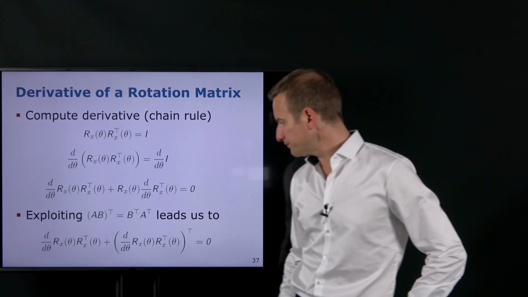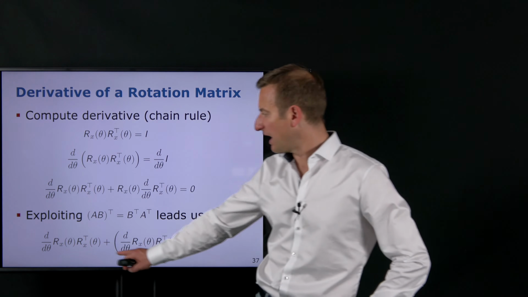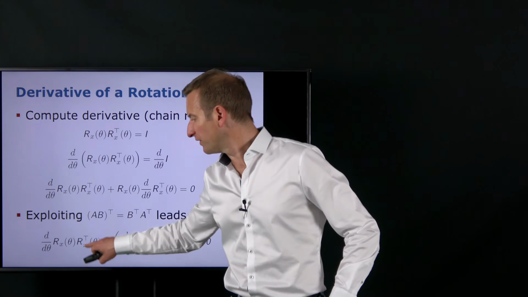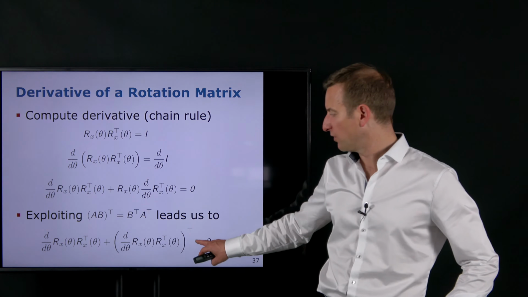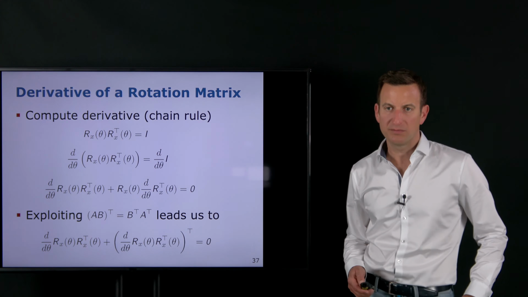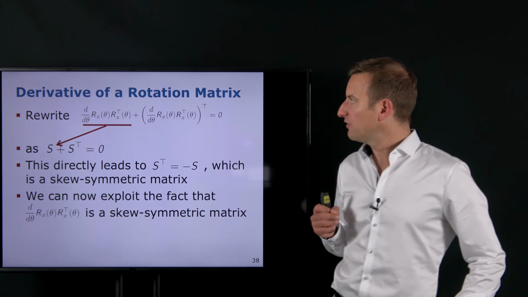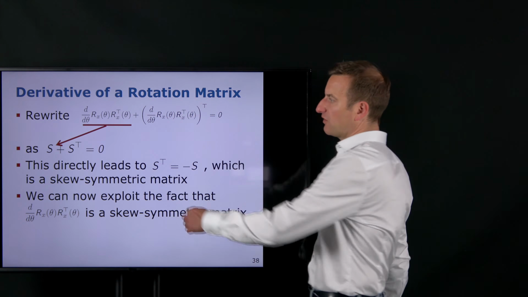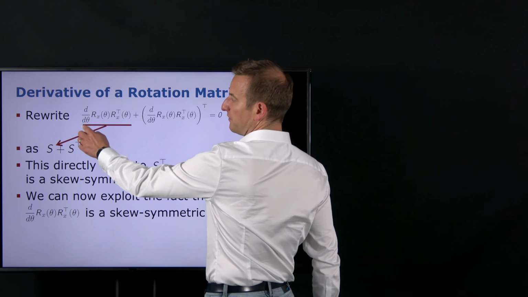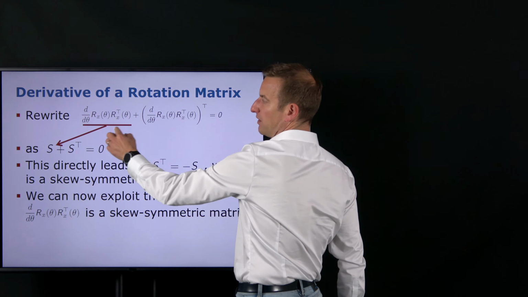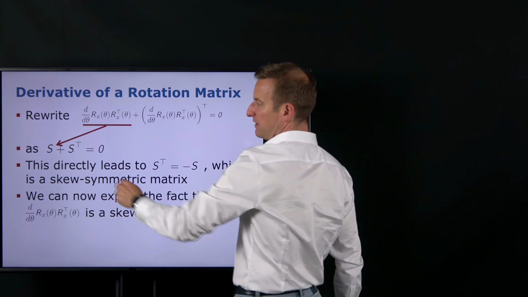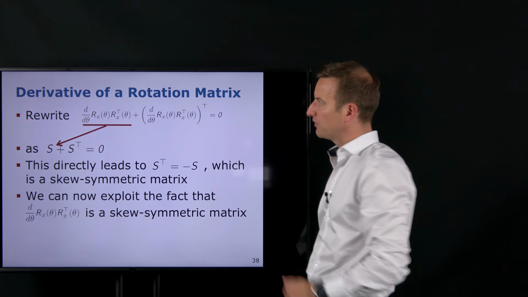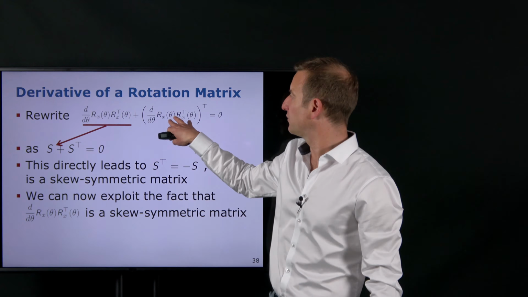And what turns out is that I have this matrix over here, plus the transposition of this matrix over here, and this must be equal to 0. Okay? So let's see what that means. If we call this matrix S, so we just substitute this by S, it means that S plus S transposed equals 0. This is S, S sits in here.